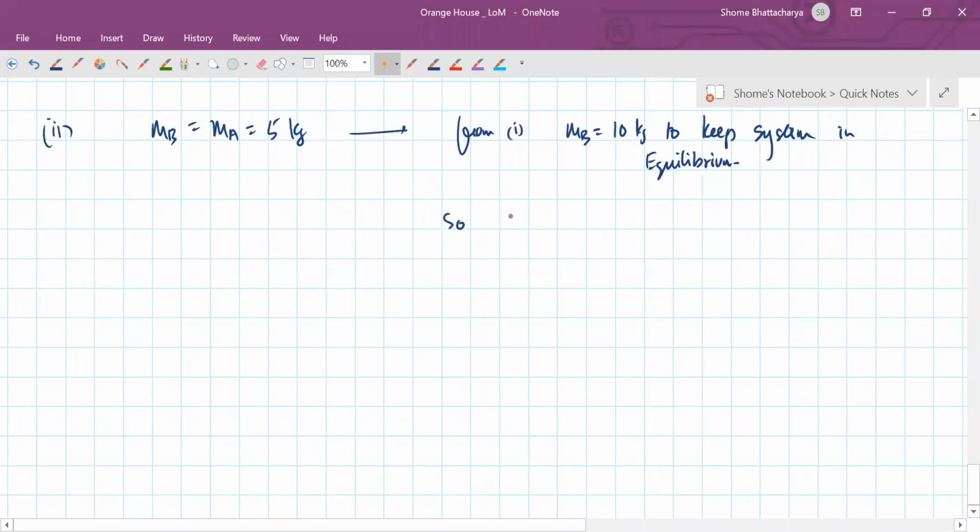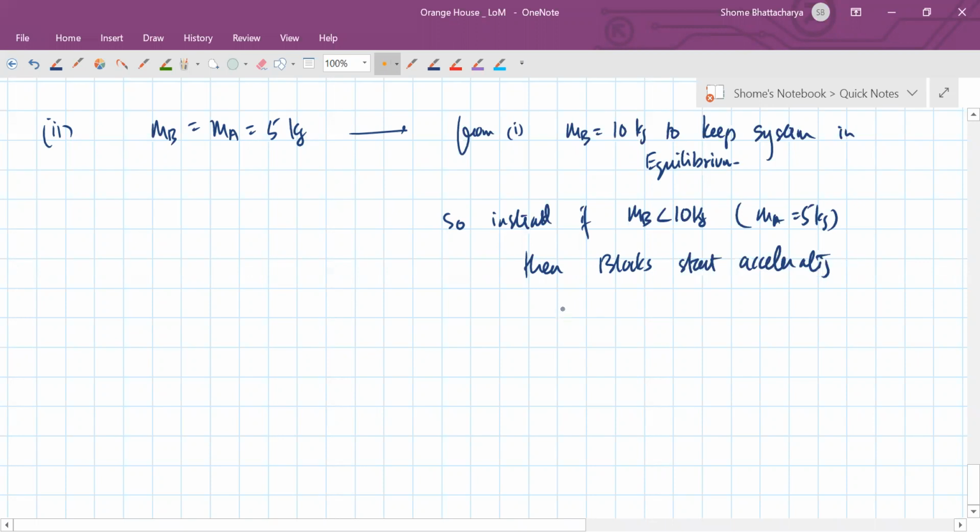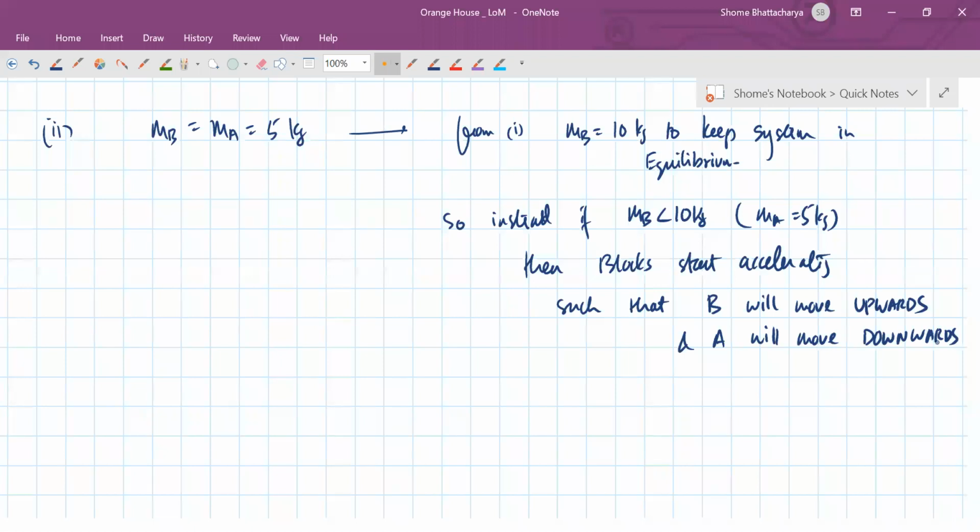So instead, if mass of B is less than 10 kg, while mass of A is kept fixed at 5 kg, then the blocks start accelerating, and that too such that B will move upwards, and A will move downwards. ये हम logically समझ सकते हैं that to keep B at rest we needed its weight to be 100 newtons. अब उसका weight 100 newton से कम हो गया, so obviously it will tend to accelerate upwards, and the moment B accelerates upwards, A has to accelerate downwards.